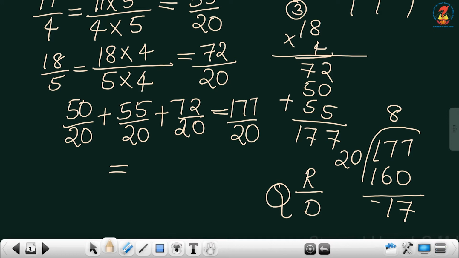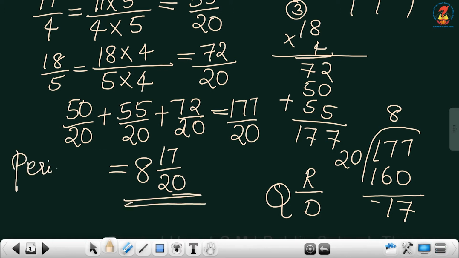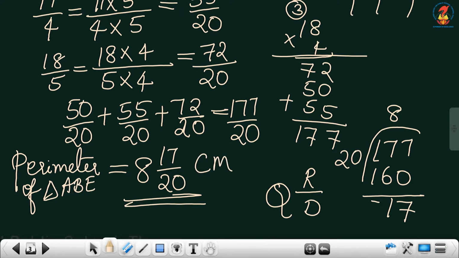So we write 8, 17 by 20. So we got the perimeter of triangle ABE as 8, 17 by 20 centimeter.